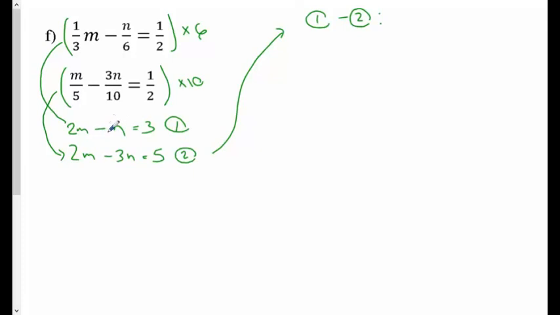Negative n minus negative 3n. That's going to be the same as negative n plus 3n, which is going to give me 2n. So 2n equals negative 2. So n is just negative 1.